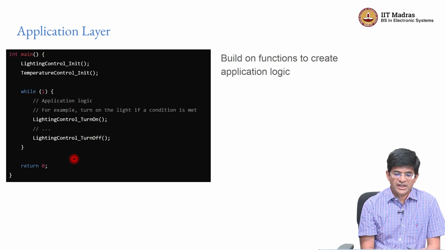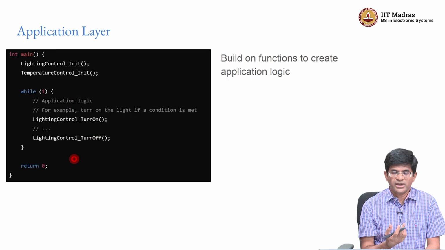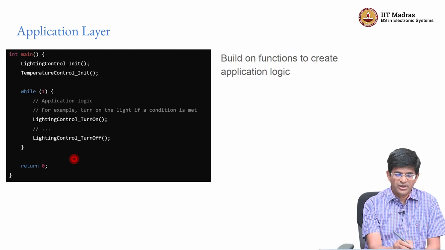And finally, you have an application which basically says, show a GUI, check for any buttons that have been pressed, maybe accept commands that are coming in remotely through Wi-Fi or Bluetooth, and then decide to turn on or off the control. The application layer typically talks directly to the controller layer. The controller layer talks to the drivers, which talk to the hardware.